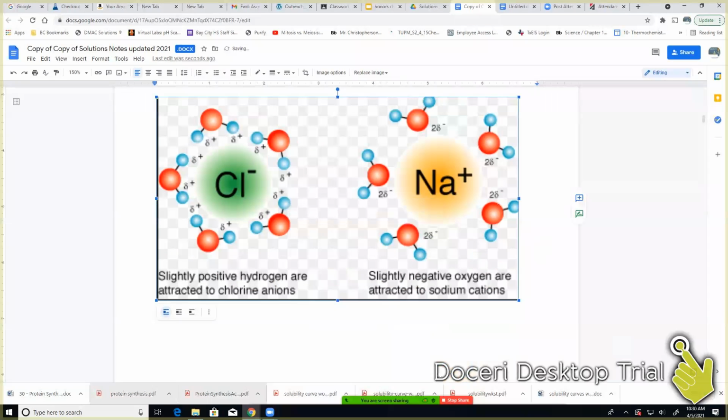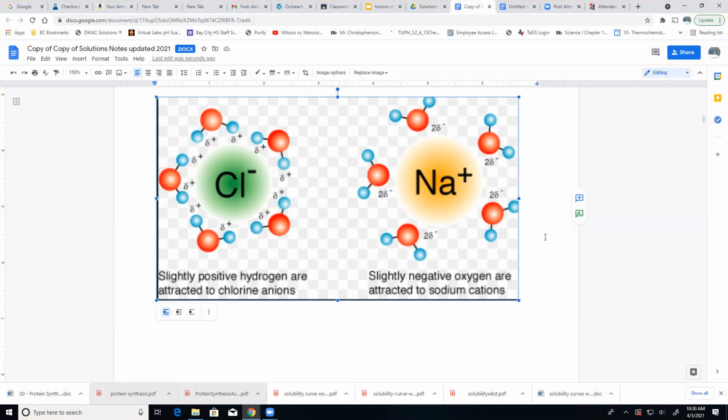You can see if it's an anion, a negative ion, the water associates itself so that the positive on the hydrogen side can be attracted to the negative. But I can also put in a cation, a positive ion, and then the water just flips itself around so that the negative can be attracted to the positive. So it'll do that with ions or other polar molecules.